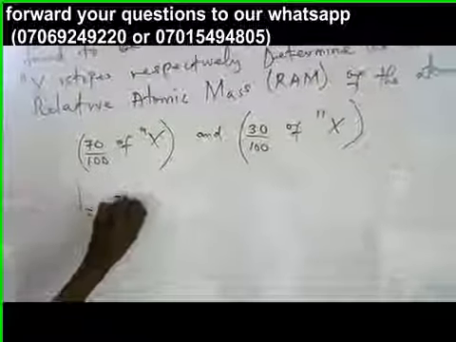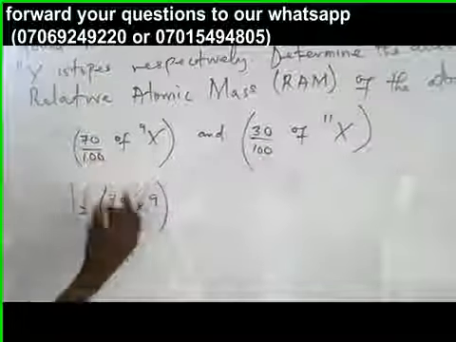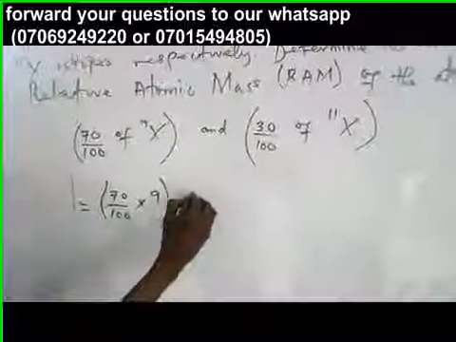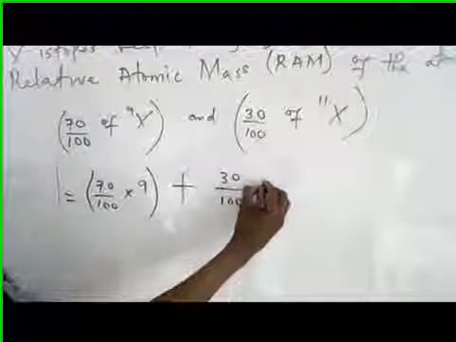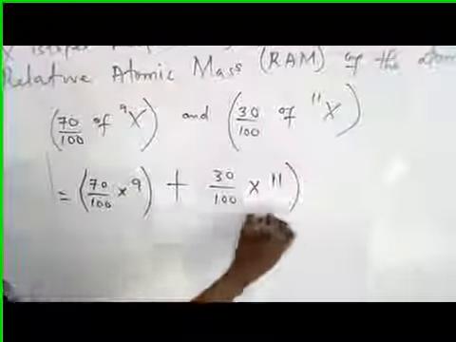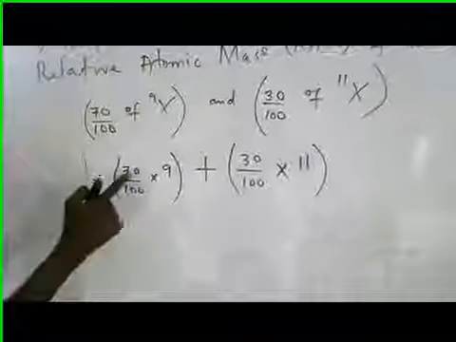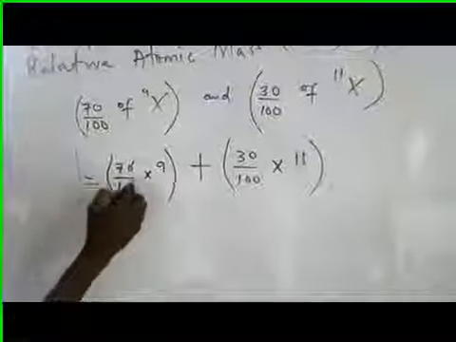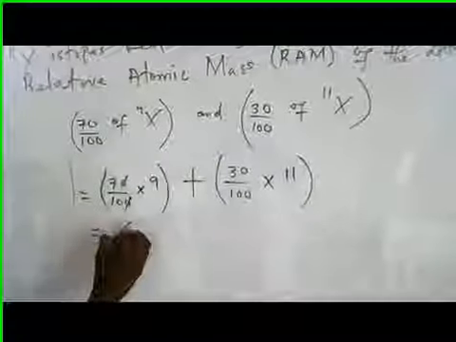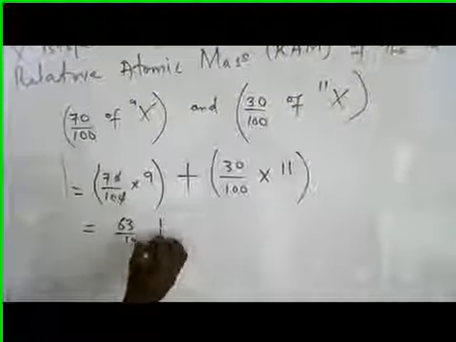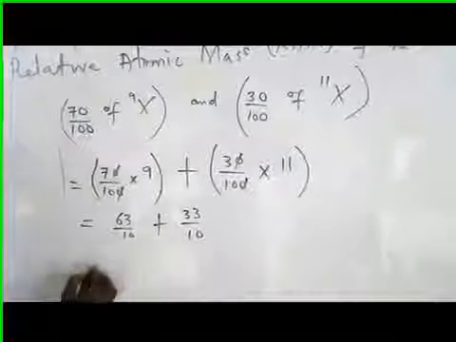That is 70 over 100 times 9, using the atomic mass that you have there, plus 30 over 100 times 11, the mass number of the second atom. When you calculate this, 0 cancels 0, then you have 9 times 7, that's 63 over 10, plus 33 over 10.